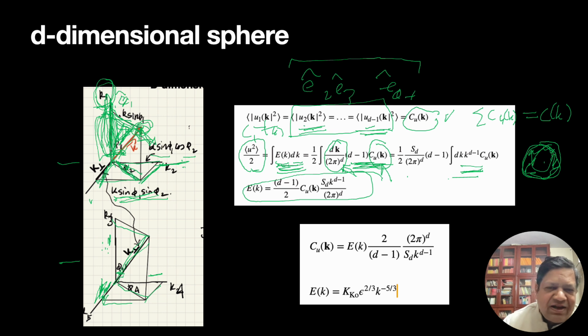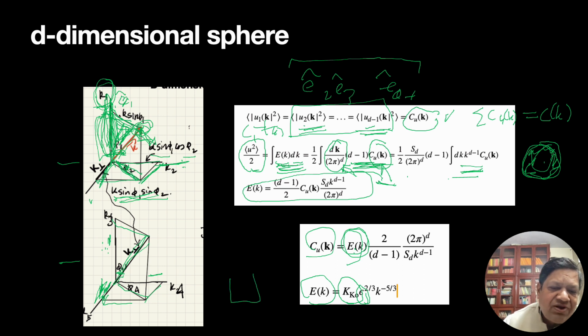Now we can invert this equation to write C of k in terms of E of k. And please note that for the non-equilibrium solution, E of k is k to the minus 5/3, and there is a Kolmogorov constant prefactor, a non-dimensional constant, and epsilon is the energy supply rate at large scale.